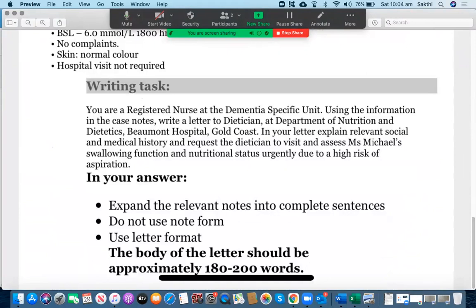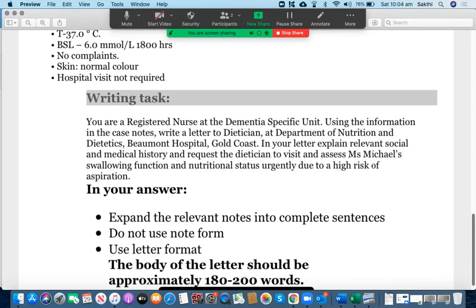In your letter, explain relevant social and medical history and request the dietitian to visit and assess Miss Michael's swallowing function and nutritional status urgently due to a high risk of aspiration. But they also asked you to explain relevant social and medical history. Okay, let's go through them.